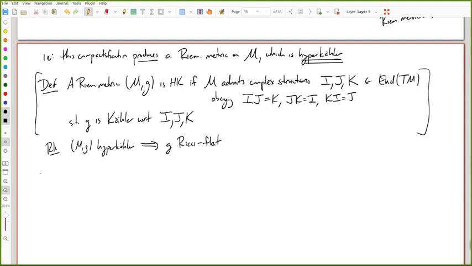So here's a little fact. If M comma G is hyperkähler, then, so I said it has these 3 complex structures, but in fact, it has even more complex structures. It has a whole CP1 worth of complex structures.